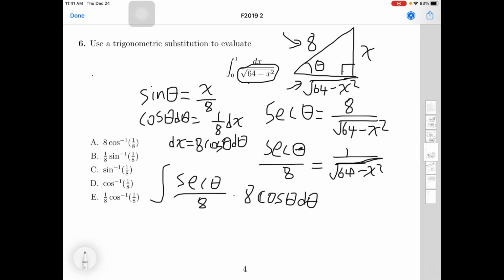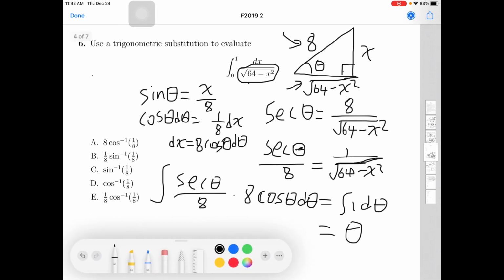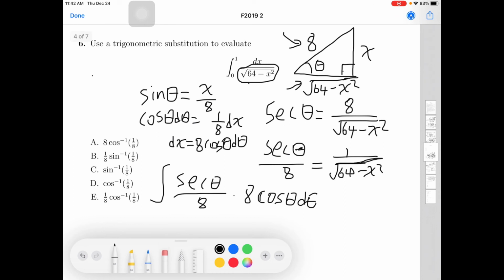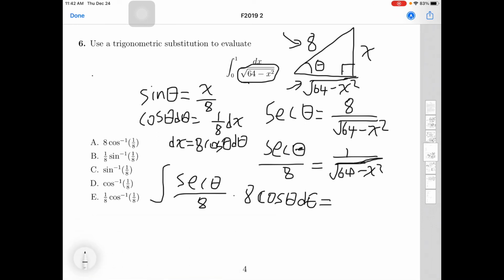And from that, the 8 and the 8 will cancel out.